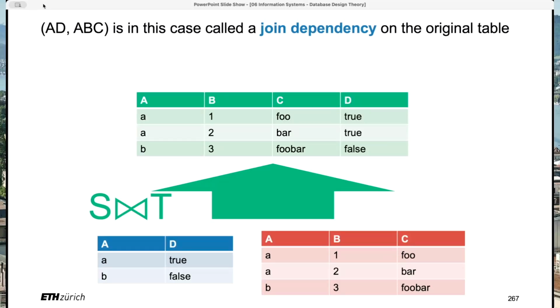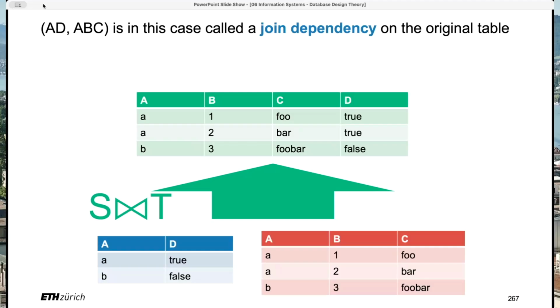In fact, that's always going to be the case. And it was the case because we were very careful in the way we projected and decomposed, because we started with a functional dependency. We knew that A was determining D when we did that, right? And so this is why, in fact, it all works and the join gives us back the table.